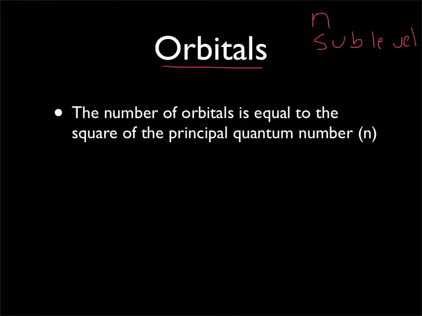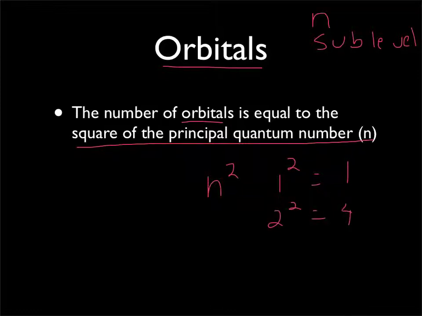The number of orbitals is equal to the square of the principal quantum number, n squared. If we're in level 1, 1 squared means I have 1 orbital. If I'm in level 2, I have 4 orbitals. Level 1 had a sublevel S, and S, therefore, has 1 orbital.